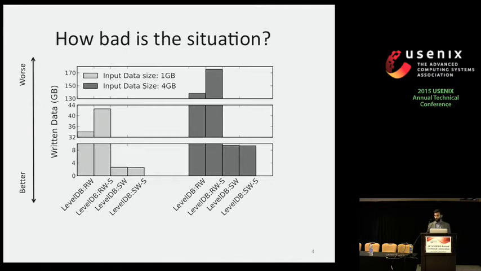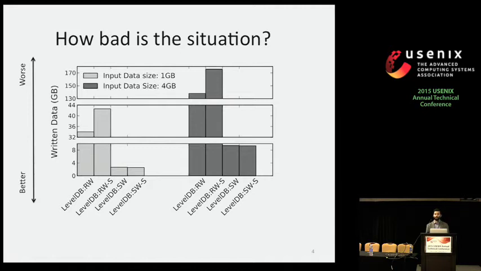Now, even though this approach is very popular, the question is, how bad is the situation? To better understand this, we took a look at LevelDB, which is a KeyValue store from Google that provides a very interesting compaction mechanism. The experiment we see here is very simple.